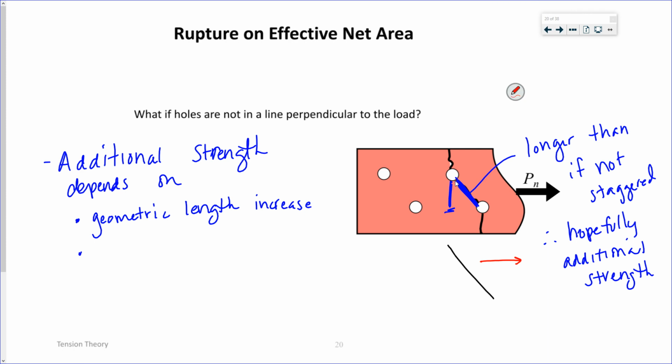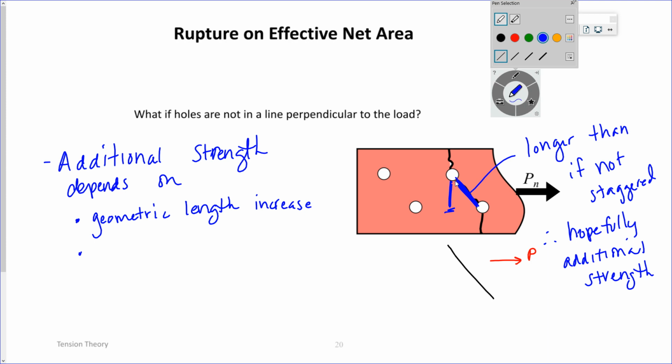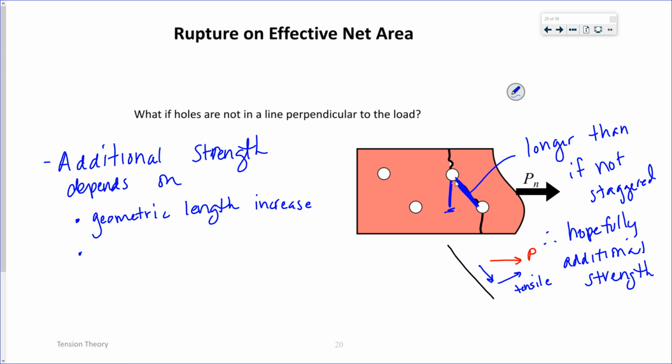So I need to break it up into components. One that is perpendicular and one that is parallel. So you'll have a tensile component and you'll have a shear component along that fracture line.